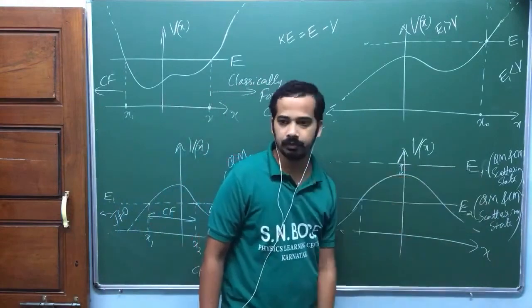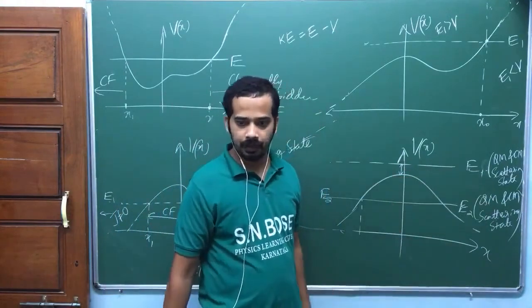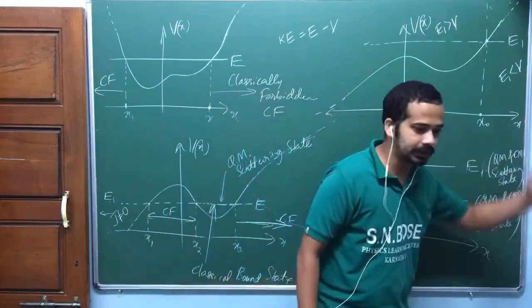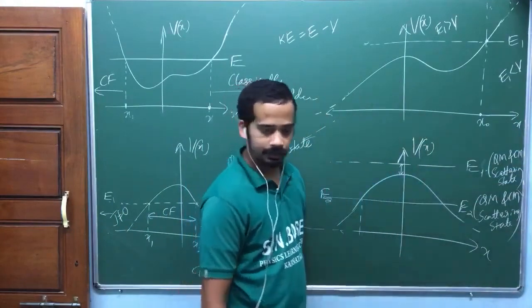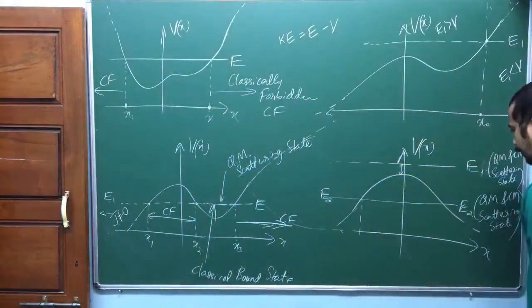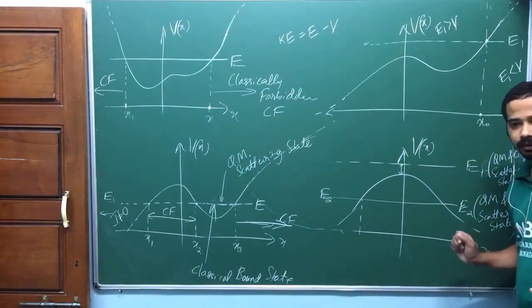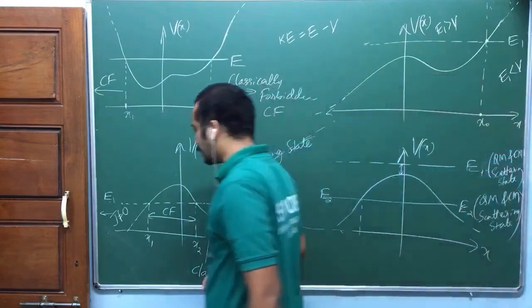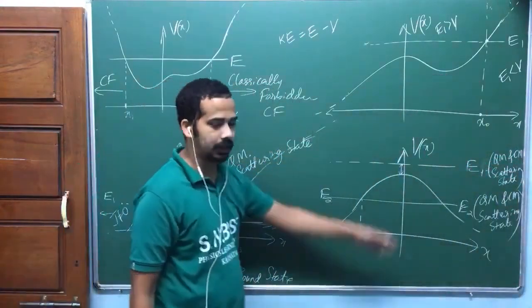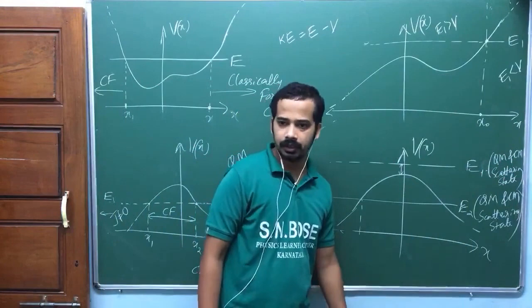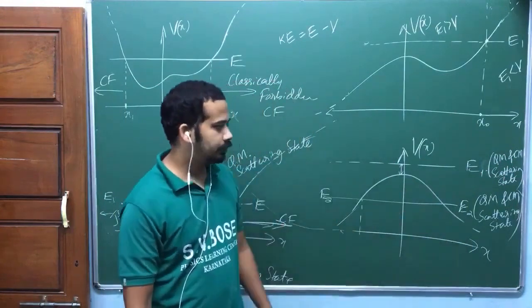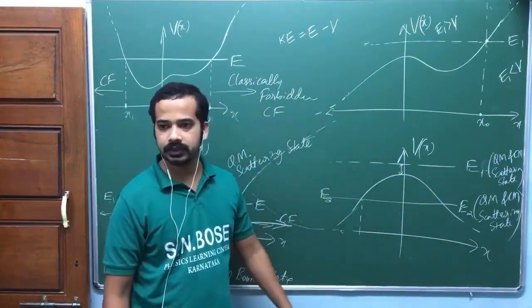A little bit of transmission will be there, and once it goes to that region, it will escape to plus infinity. The same thing will happen if you shoot the particle from this side. The particle is escaping; it is not bound in any situation. It may tunnel, but it is escaping. So we call that a scattering state. Quantum mechanically also it's a scattering state.